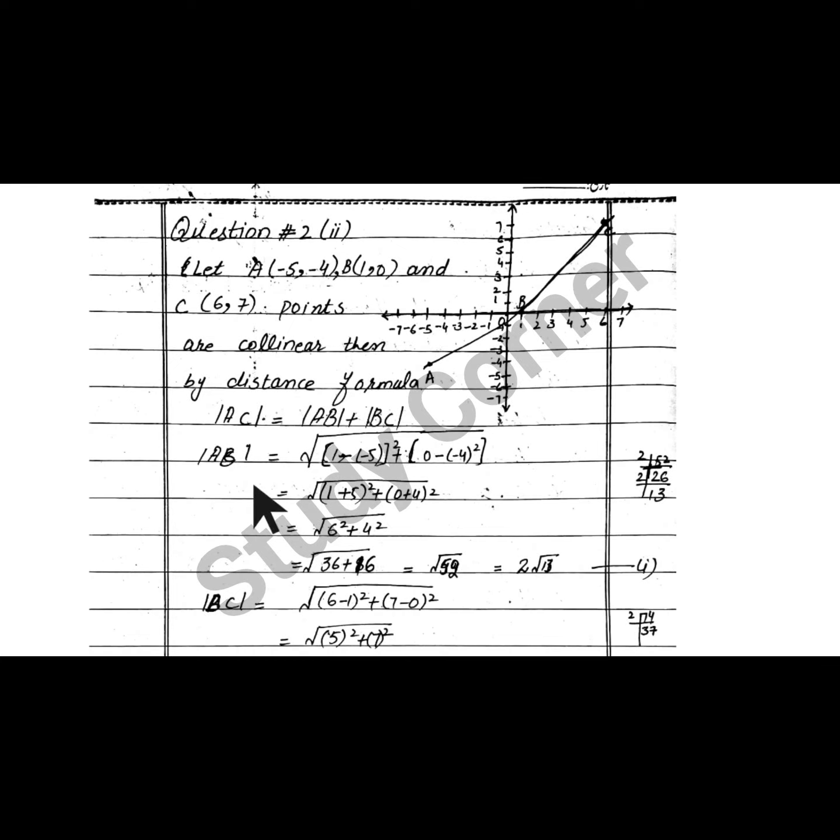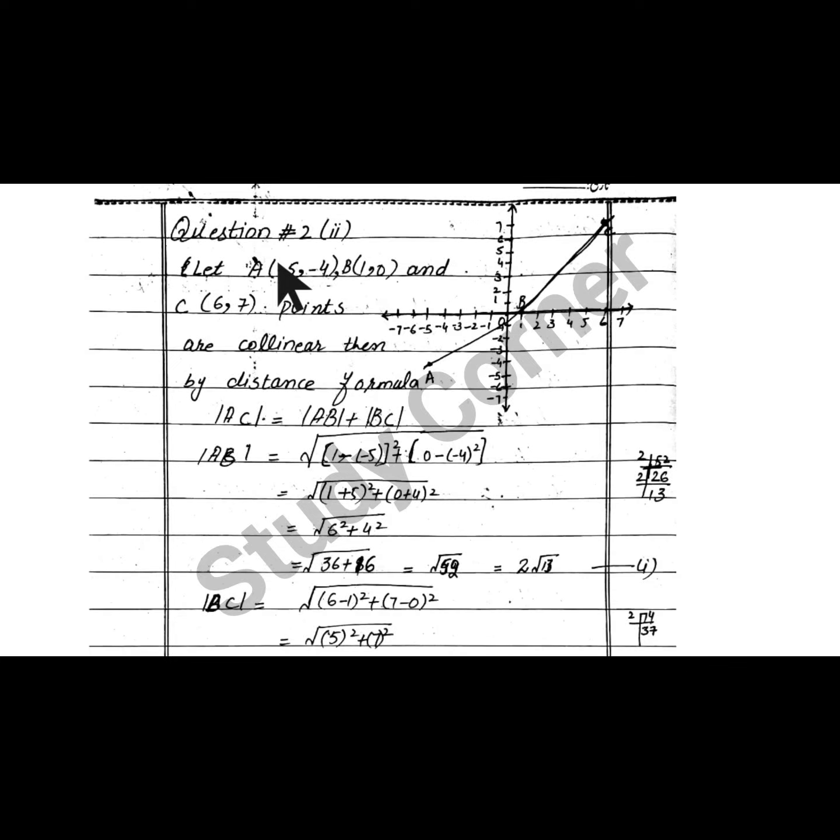So firstly we have to find the distance AB. In AB, let this be x2, this is x1, this is y2 and this is y1. So the formula is square root of (x2 minus x1) whole square plus (y2 minus y1) whole square.